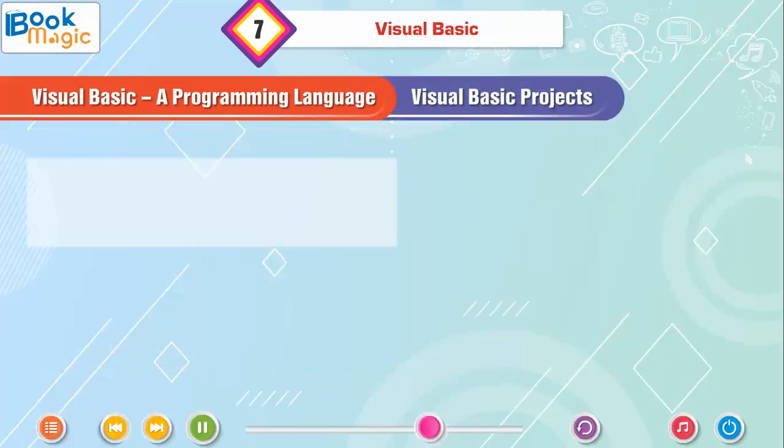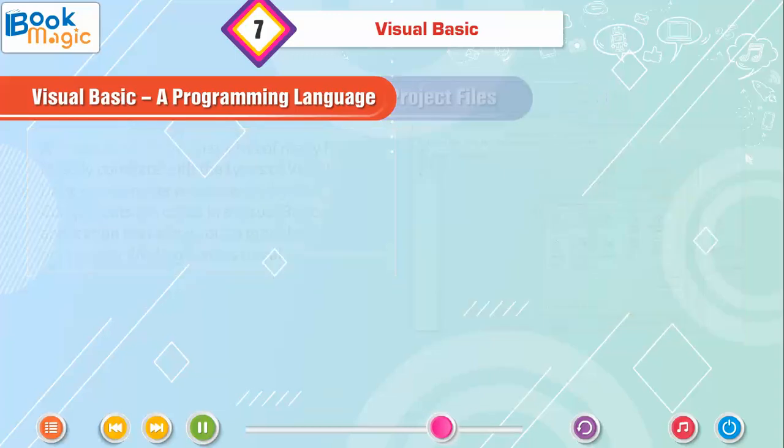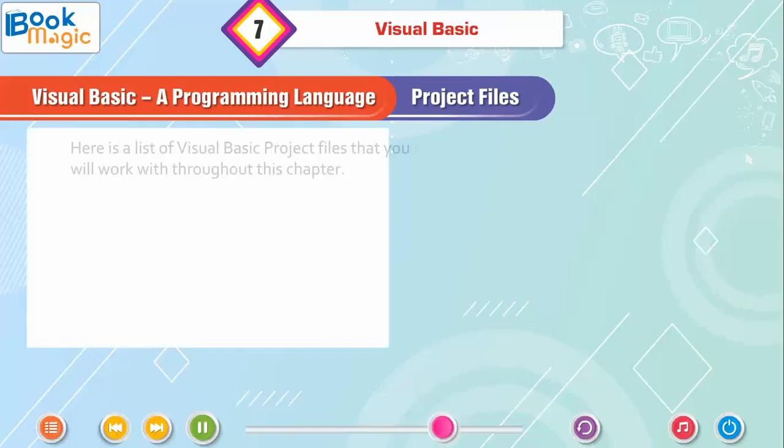Visual Basic projects. A Visual Basic project consists of many files that directly correlate with the types of Visual Basic components you are working with. Components are codes in a Visual Basic application that allow you to modularize your program by dividing it into several procedures. Project files.